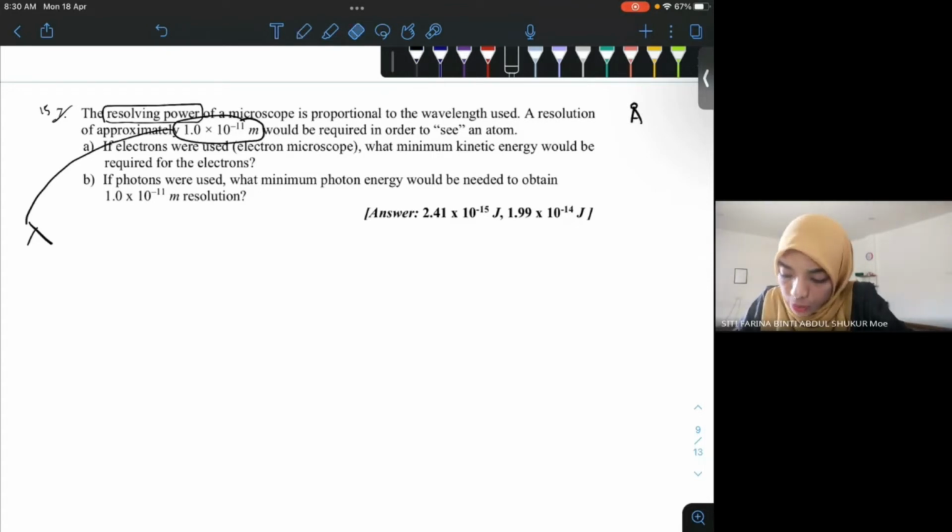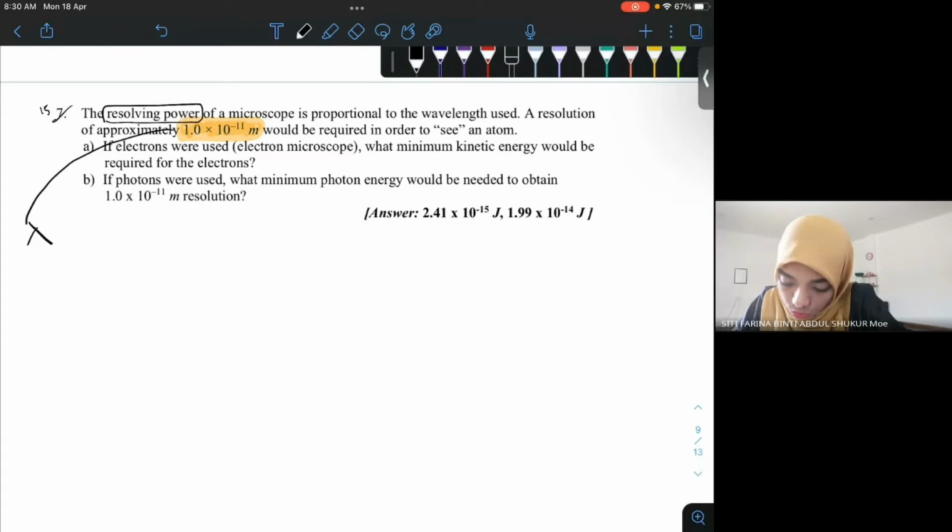Okay, so walaupun dia guna a resolution of approximately, ini sebenarnya adalah your wavelength would be required in order to see an atom. Maksudnya with this much of very small lambda, you can see the details at this particular case lah. Sebab dia kata awak akan perlukan, you would require this much untuk tengok the details.